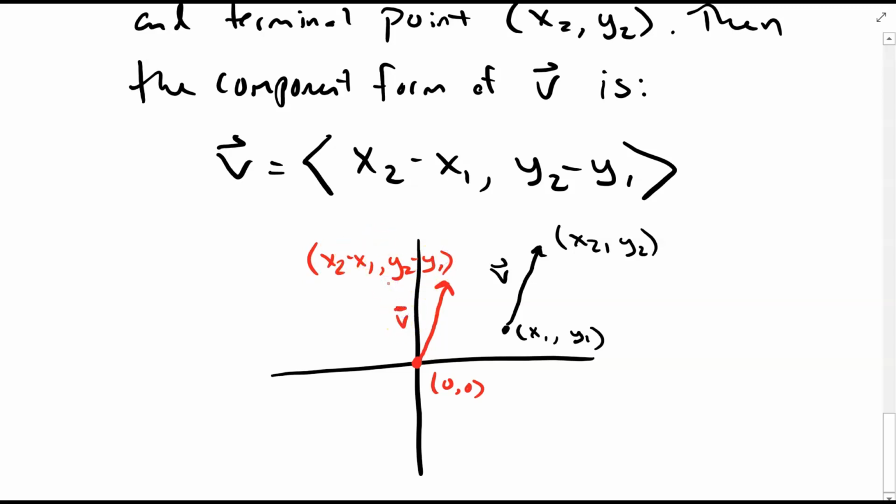This is also vector v. Notice here, is the direction the same? Right? The arrows are pointed at the same angle, right? Is the length of the vector the same? Yeah, they're the same length. What's the only thing that's changed?